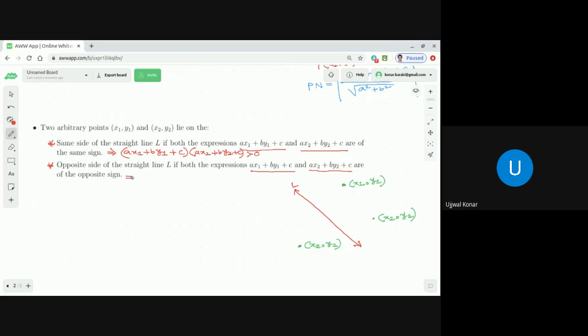That implies ax1 plus by1 plus c into ax2 plus by2 plus c is less than 0. Very important. Sometimes questions come with application of this kind of straight line. So here I would like to conclude the class for today, because this is a logical conclusion.